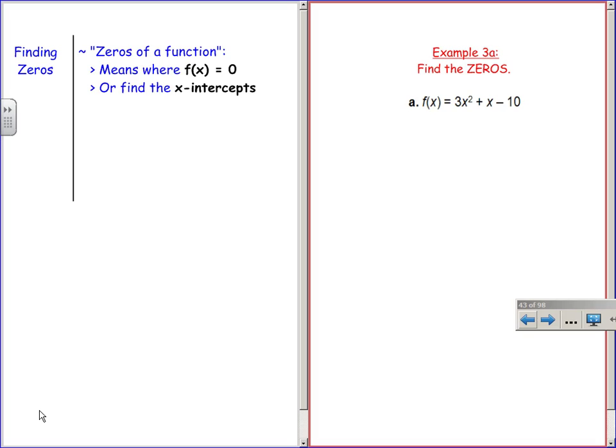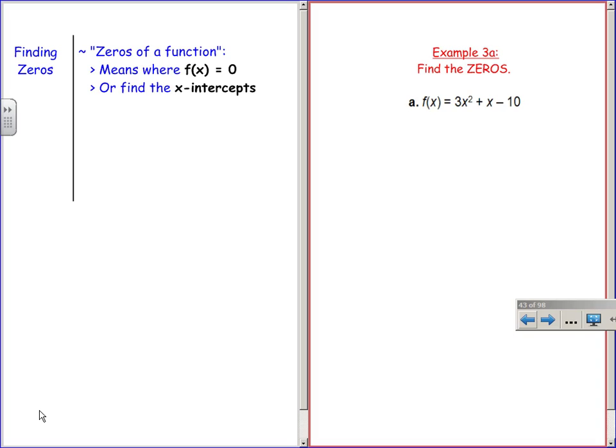Function values or f of x values are always y's. So when it's zeros of a function, that's when only the y's are 0. And every time the y's are 0, the x-intercepts are what occur. So if you hear zeros of a function, it's not talking about setting whichever variable you want equal to 0. It's specifically saying y equals 0, or the x-intercepts.